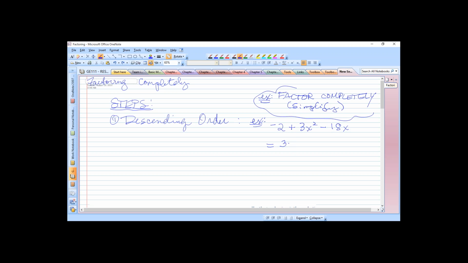We want a countdown of those exponents. So there's a 2 here, so now we want just the x term, minus 18x. And then the minus 2 goes on the end. This is that basic form of quadratics that you usually see. And this is that descending order we're always looking for.